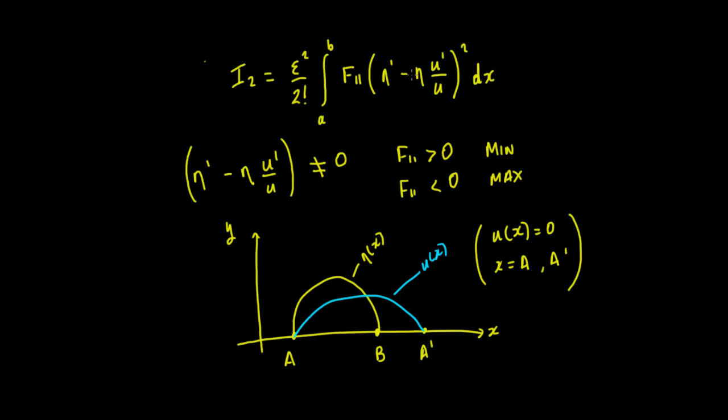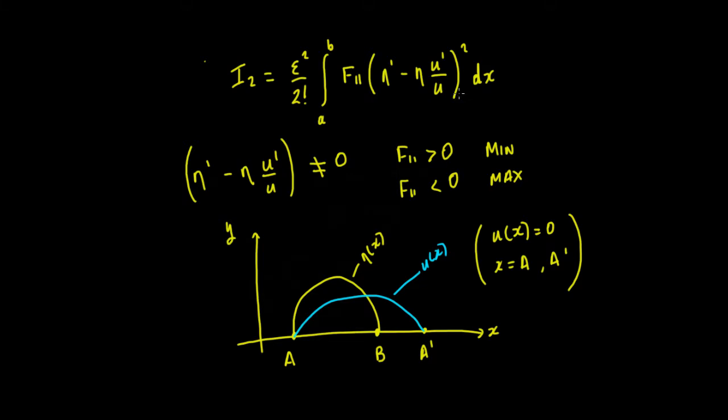Now what we did was we knocked the second variation into this general form here. So that means that epsilon squared is obviously going to be positive because it's squared, and that's a factor 2, which is a positive value. If we ensure that this thing inside the brackets doesn't equal 0, then it's a squared term, so that's going to be positive as well.